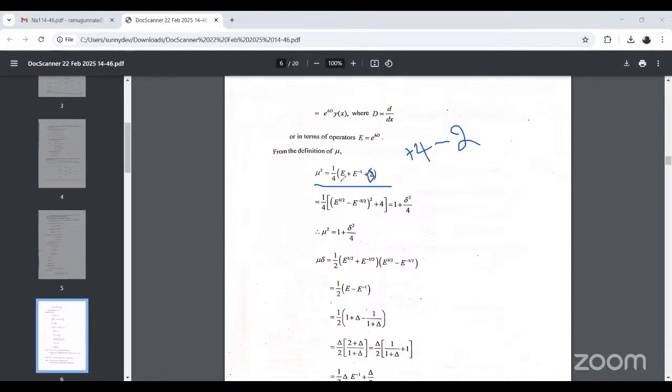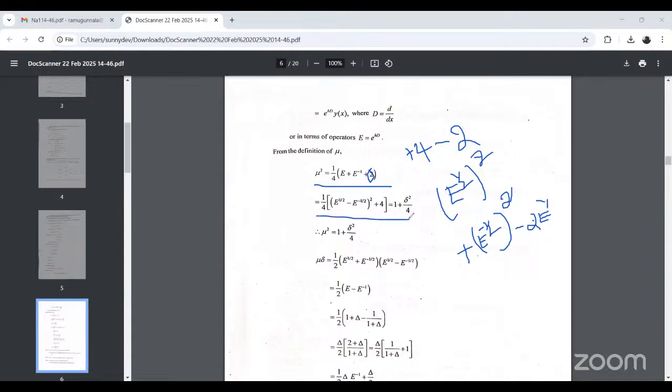So this we can write e power of 1 by 2 whole square plus e power of minus 1 by 2 whole square minus 2 into e power of 1 by 2 and 1 by 2.